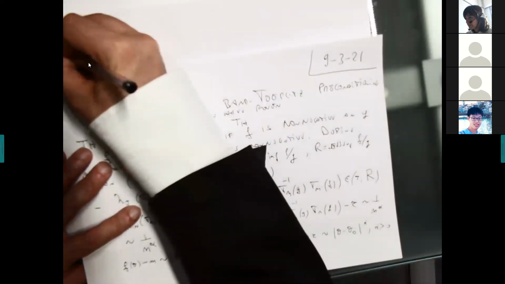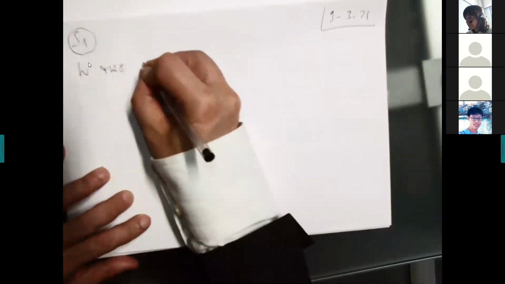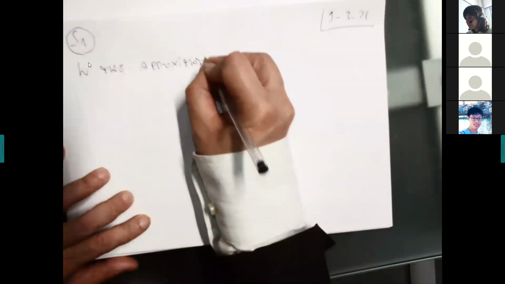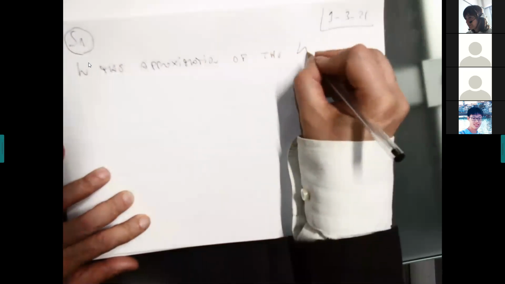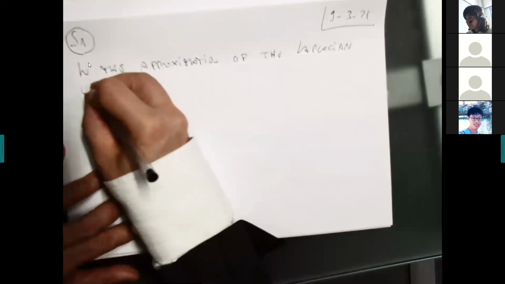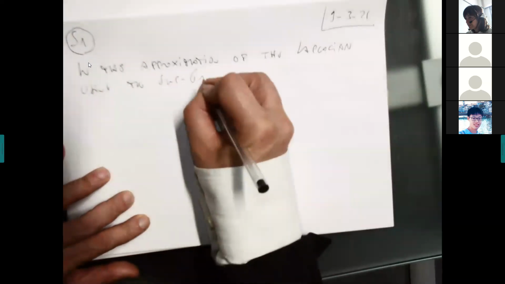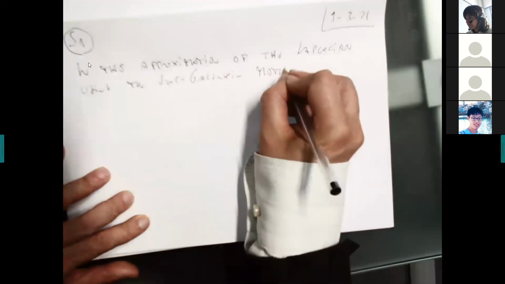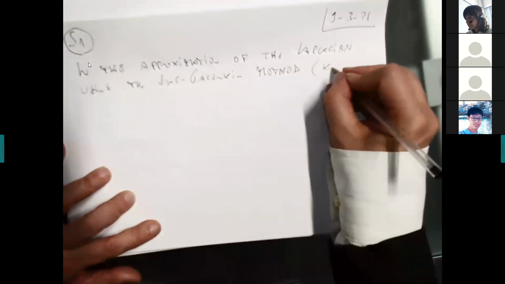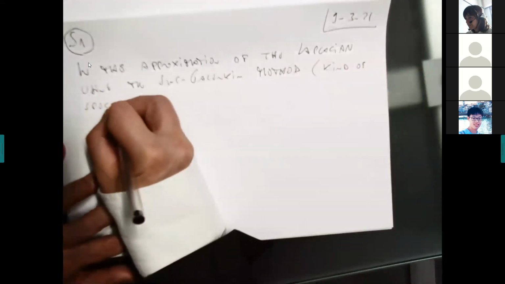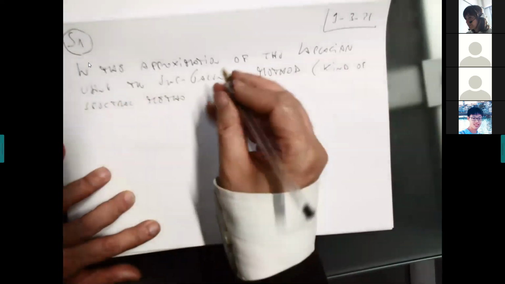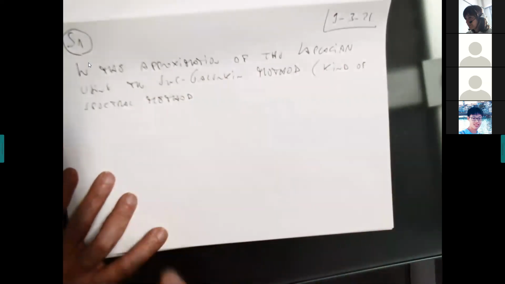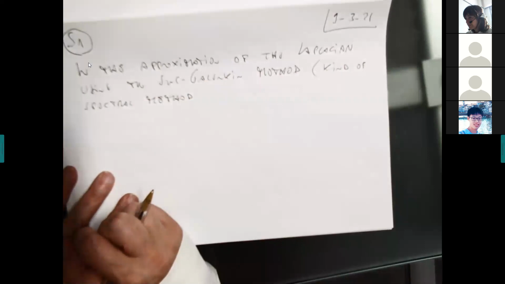So now, just an example. In the approximation of the Laplacian using the Sinc-Galerkin method, not important if you know it or not, which is a kind of spectral method, it gives you a superlinear convergence of the discrete solution to the continuous solution.